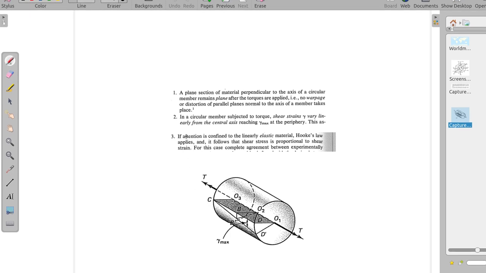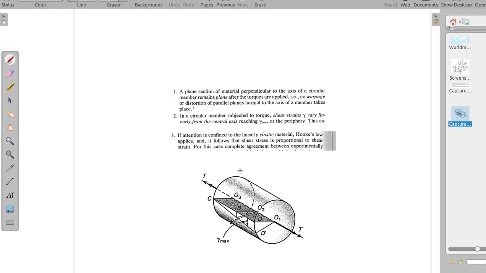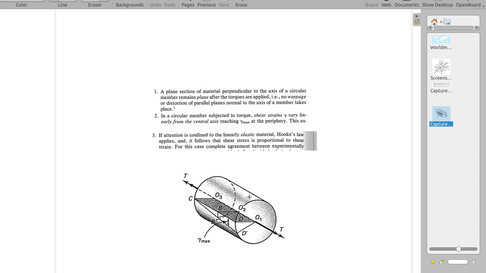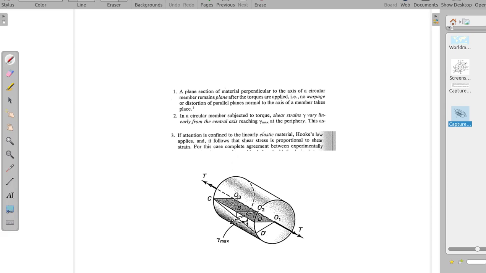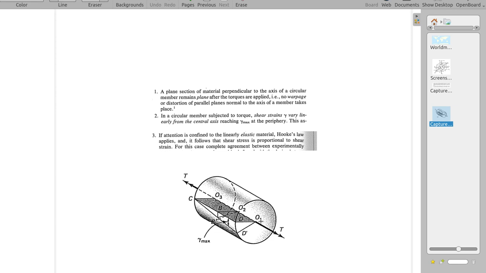Now the second important assumption is that when the member is subjected to torque, shear strains vary linearly from the central axis, reaching gamma max at the periphery. So let's say the shear strain at the center is 0.